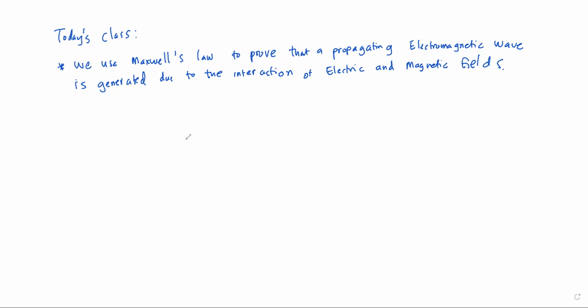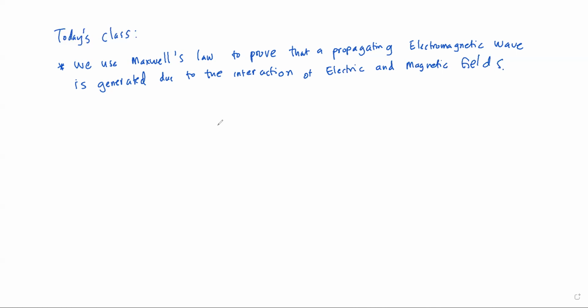Right? So we derived the wave equation under certain assumptions: that the wave is propagating in a homogeneous medium, and that the medium has a certain permittivity and permeability.